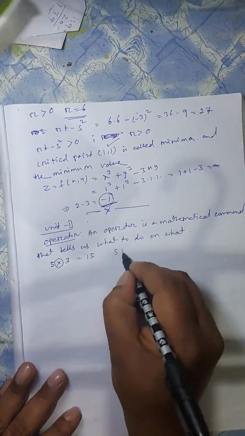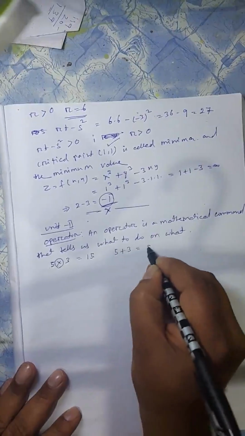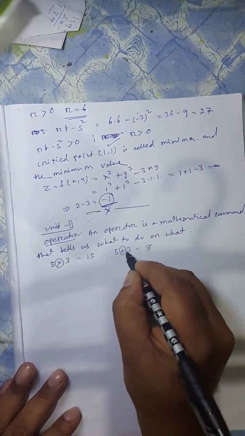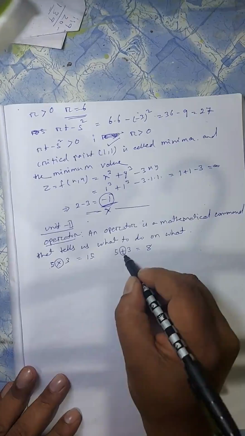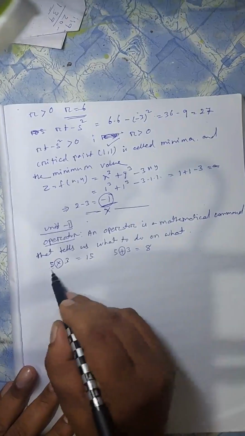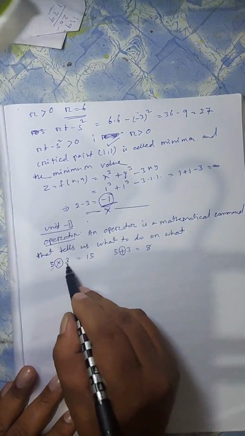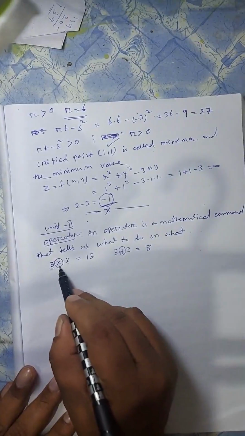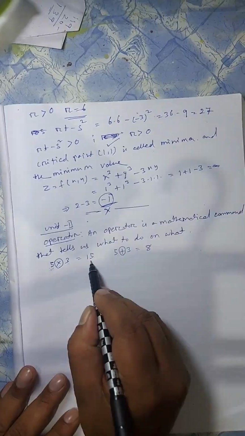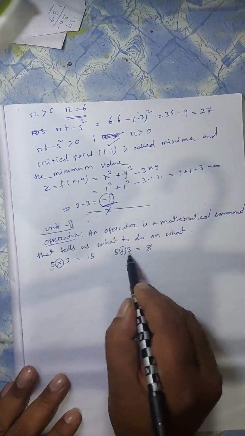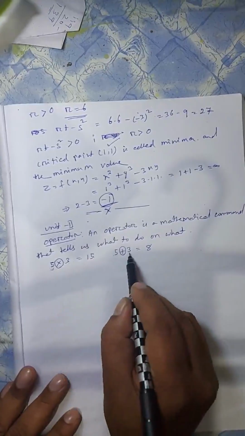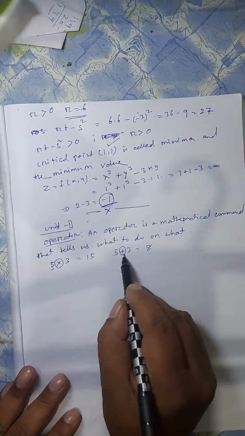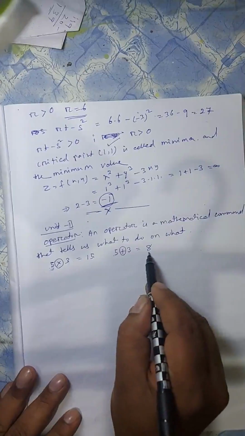Similarly, 5 plus 3 is equal to 8. Plus is an operator, the addition operator. So the two numbers are the same, 5 and 3. If we change the operator, the result will change. Here the two numbers are the same, but here is the addition operator, which gives 8.